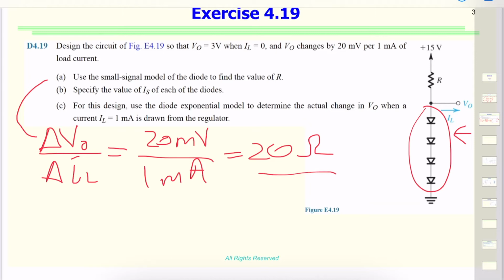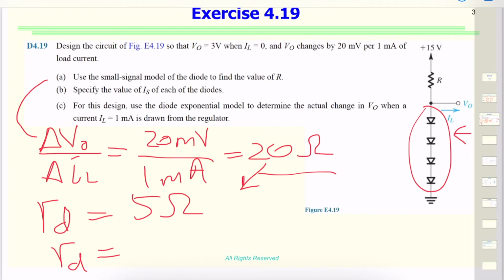Now for each diode, then we have to divide this by 4 for 4 diodes. So we can then get RD as 5 ohms. Just divide this by 4 and we get 5 ohms. Now we go back to the original relationship for RD. RD is the threshold voltage divided by ID.